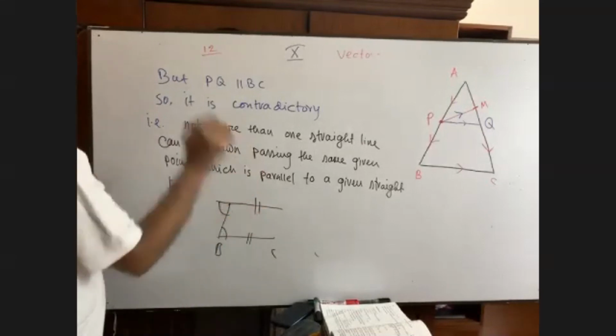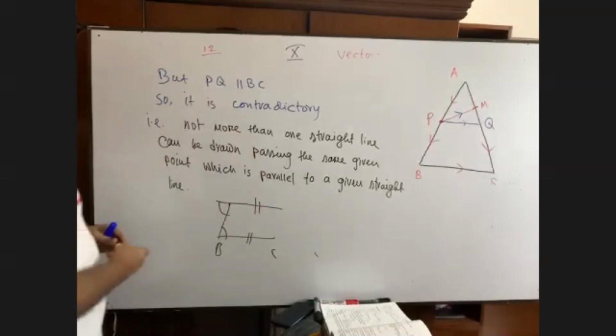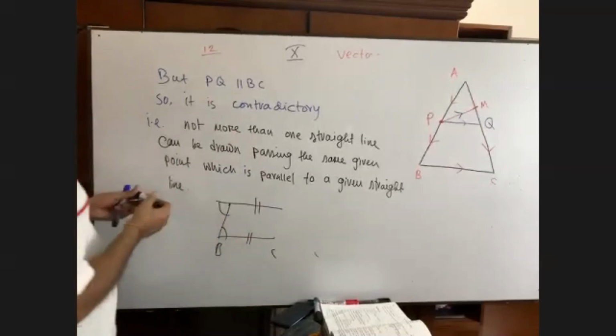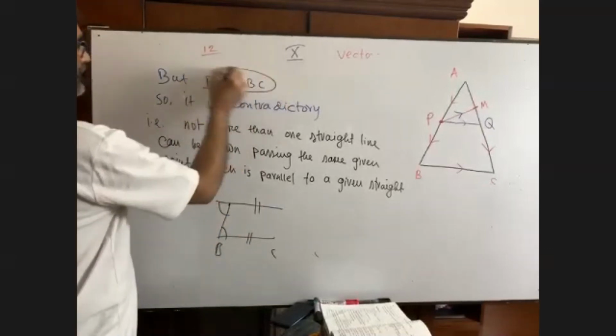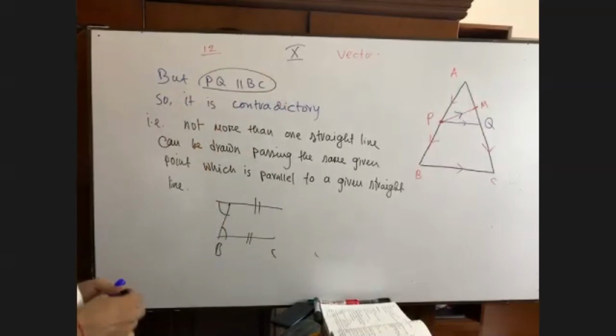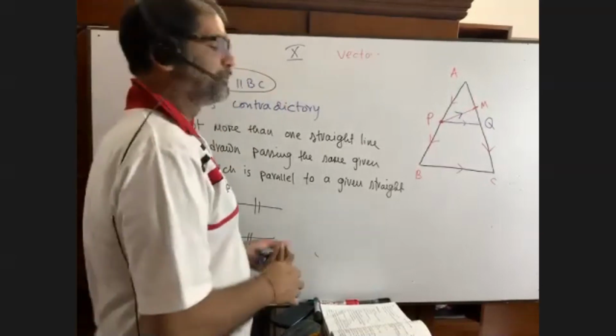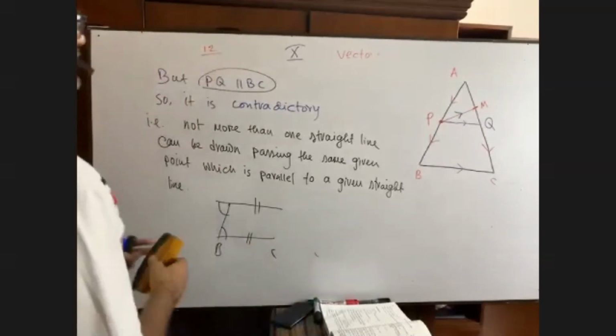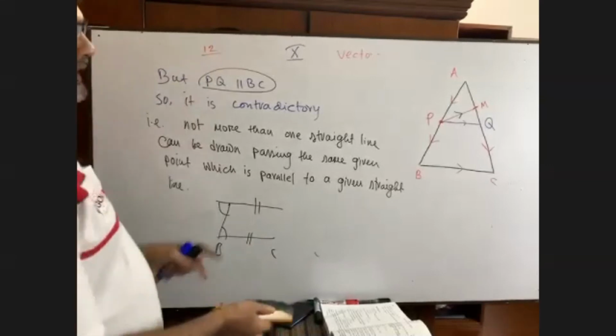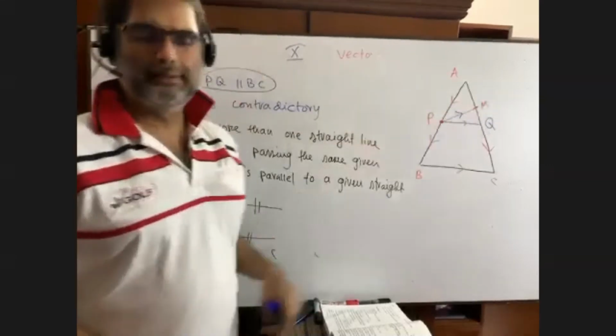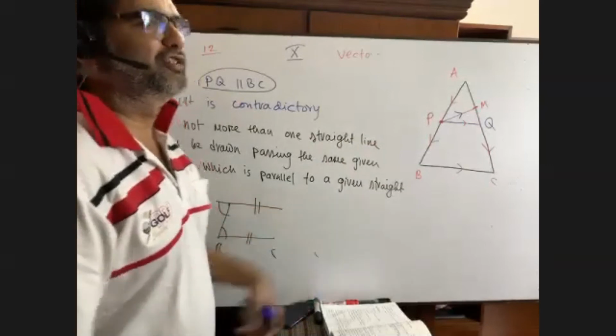These are parallel. So, as we have proved that PQ is parallel to BC, it is given, and we have proved that PM is parallel to BC. Actually, it is contradictory that we let M be the midpoint of BC. It was a wrong conception.